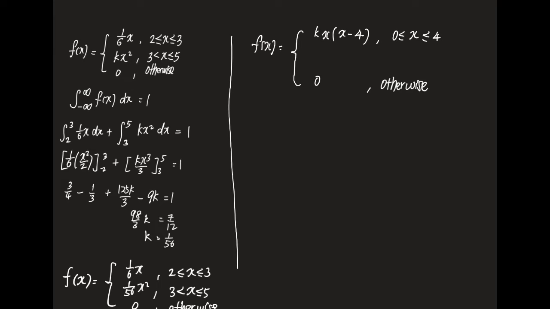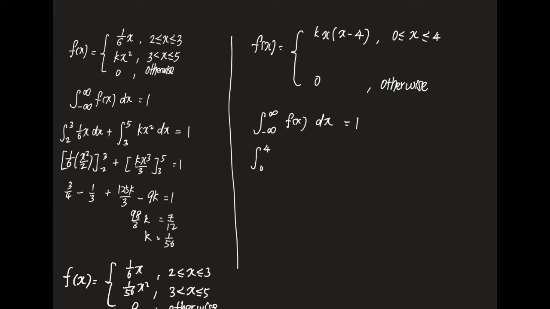In order to find the mode, we need to find the value of k first. As we know, integrating from the smallest x to the greatest x is equal to 1. So for this case, integrate from 0 to 4.